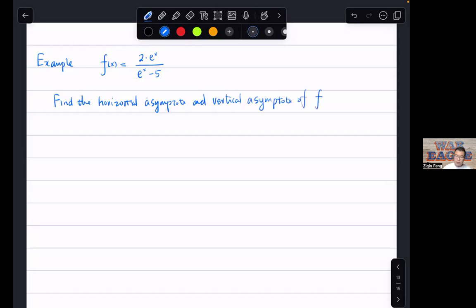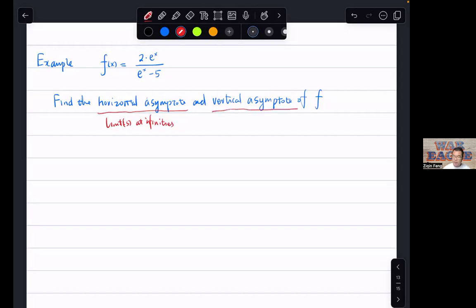Recall that a horizontal asymptote just means the possible limits at infinities, positive and negative infinity, and the limit must be finite. If the limit is infinity, you don't have a horizontal asymptote.